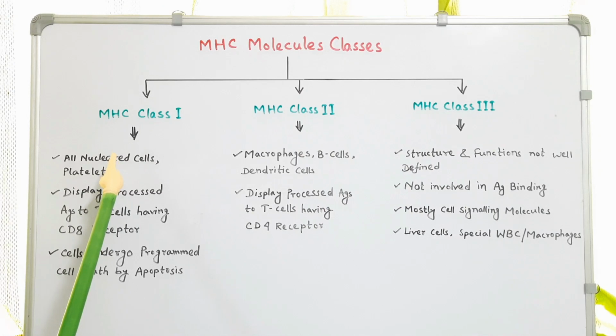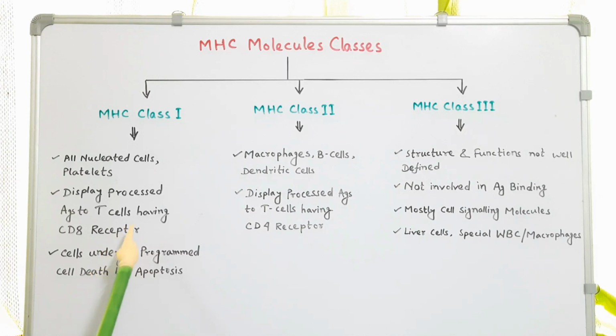Class I molecules are present on all nucleated cells in the body and also in platelets. These molecules display antigens, for example viral proteins, to killer T cells or cytotoxic T lymphocytes.